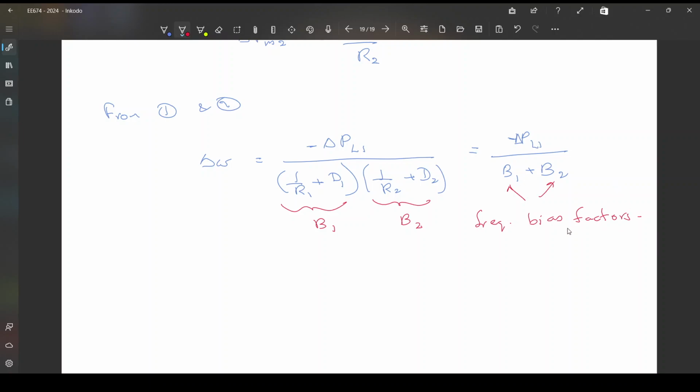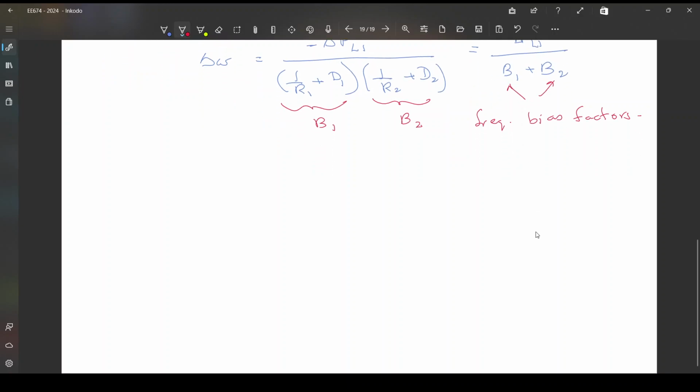Okay, so then we can write the equation for the change in the tie line power.